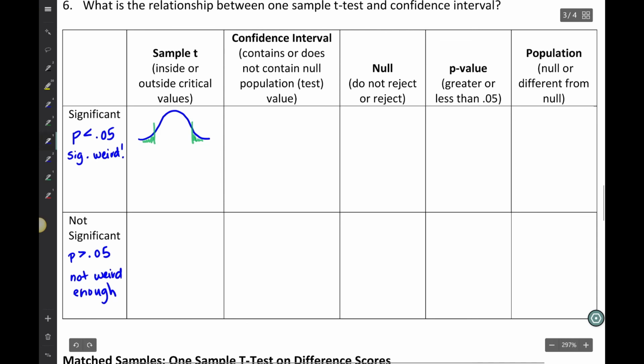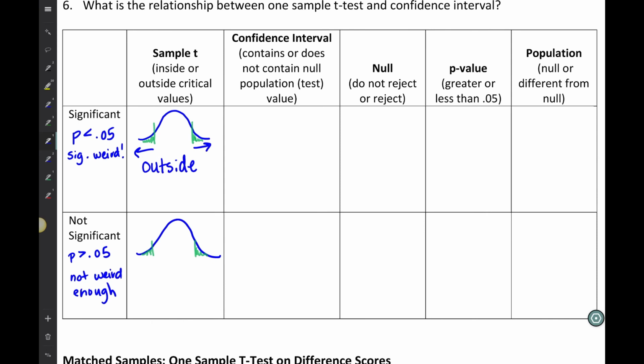In this case, we would expect it to be outside, right? We would expect to see our sample t somewhere out in one of those tails. When it's not significant, if it's not significant, then we're saying, well, it could be the same as the null. So we would see this inside, do not reject.